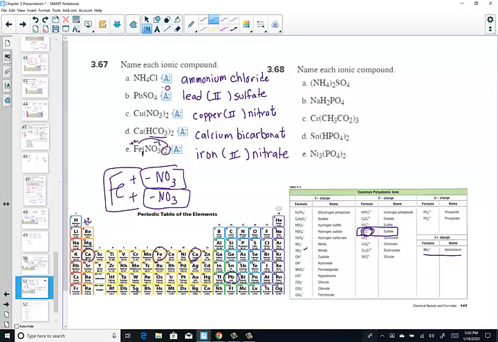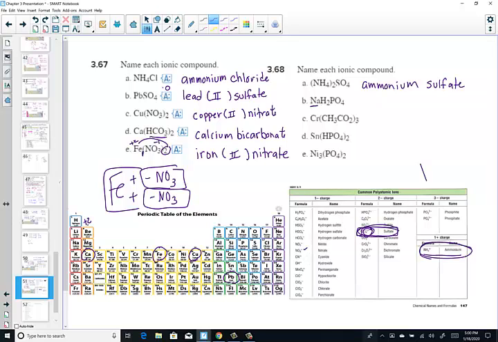Letter A on the next set has two polyatomic ions. The first is the positive, called ammonium. The last name comes from right here, SO4. We're learning to call that sulfate. That compound is named ammonium sulfate.